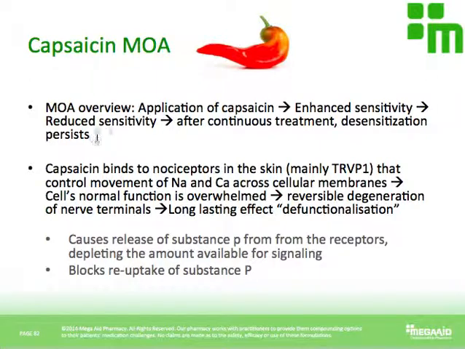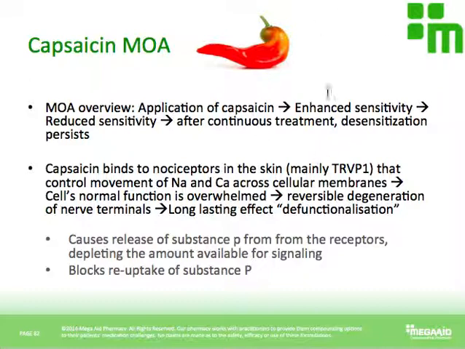So again, let's go through the mechanism of action. There's kind of like 2 things that are going on that you should be aware. Yes, it is basically a substance P depleting agent, which is going to cause the release of substance P from the receptors, depleting the amount that's available for signaling, and then block the reuptake of substance P. And substance P is a very important chemical messenger that's involved in the pain signaling pathway.